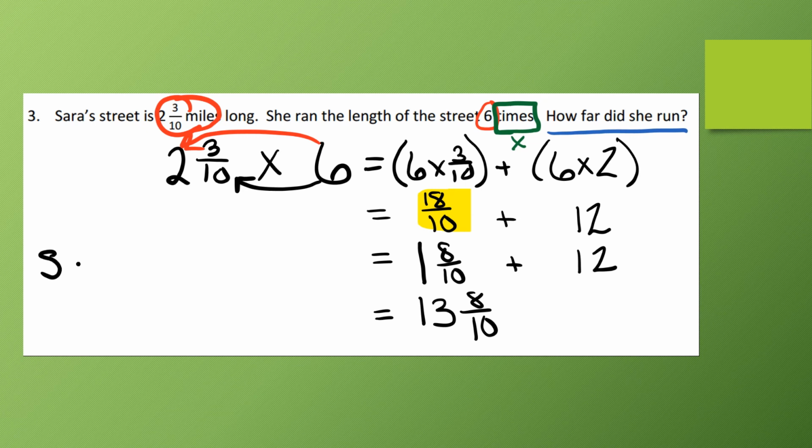And then I need my sentence. Sarah ran 13 8/10 miles. I'm going to bring in the label that I circled. So Sarah ran 13 8/10 miles.